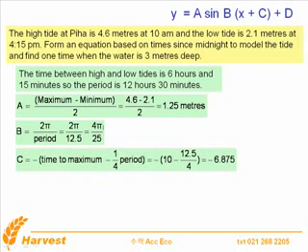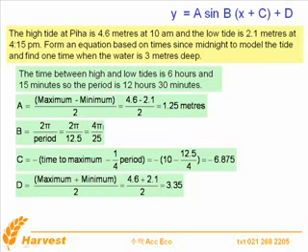And c value is the horizontal translation. So we can find this: negative time to maximum minus a quarter of the period, which is negative 6.875. And d value is found by maximum plus minimum divided by 2, which is 3.35 meters. Now we've got all information to form this equation.